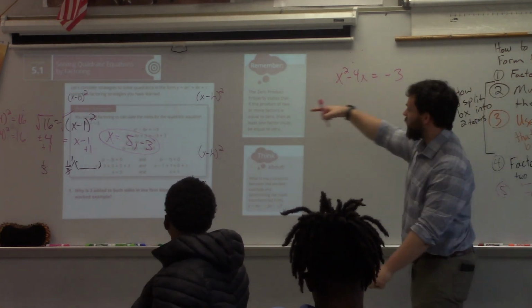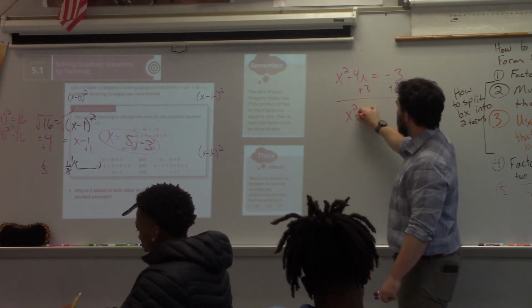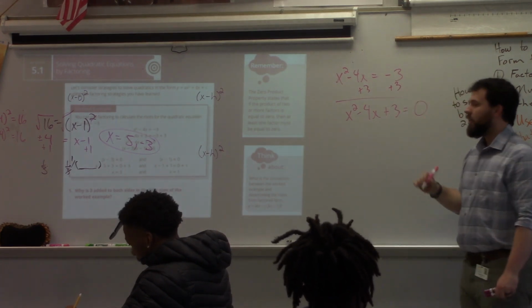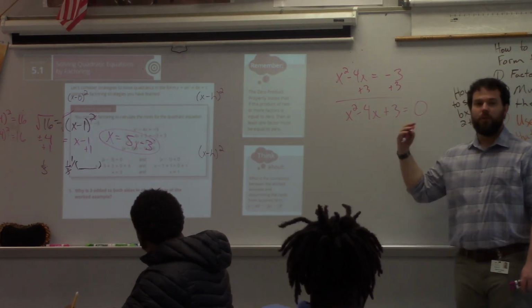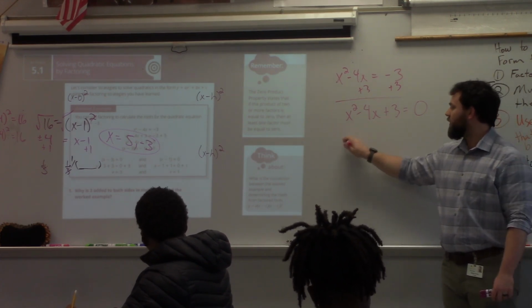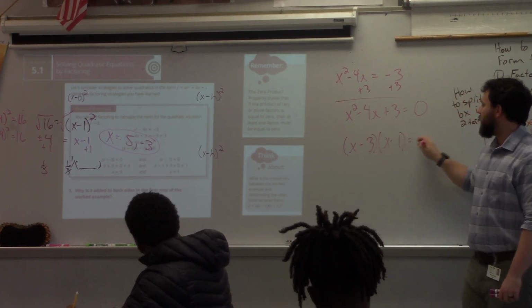So the first step right there, we added 3 to both sides, and we got x squared minus 4x plus 3 is equal to 0. Now, I'm going to do a quick review in a second about the factoring process, but the factored form of this standard form is x minus 3 times x minus 1 is equal to 0.